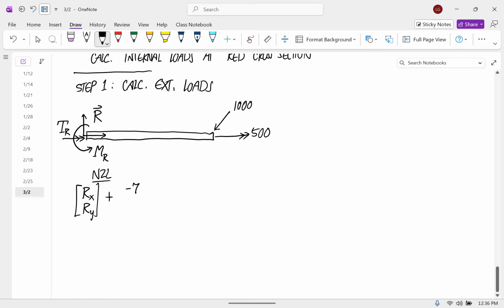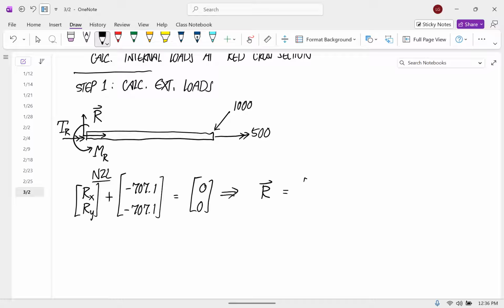So negative 707.1, negative 707.1. That's all the forces. Couples aren't forces, so this comes out to be 0, 0. And so that reaction force is just positive 707.1, positive 707.1.